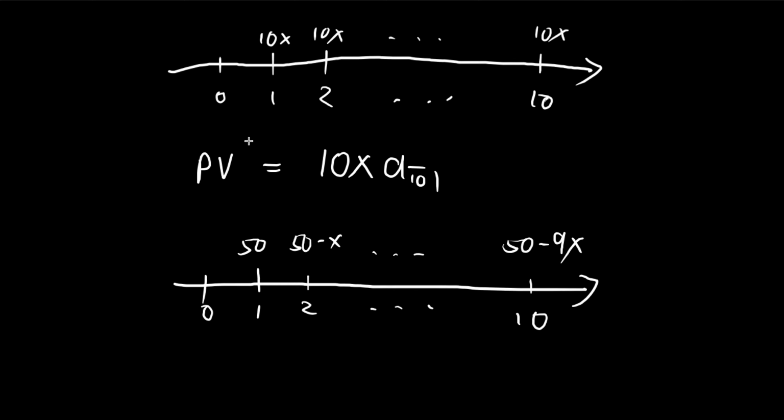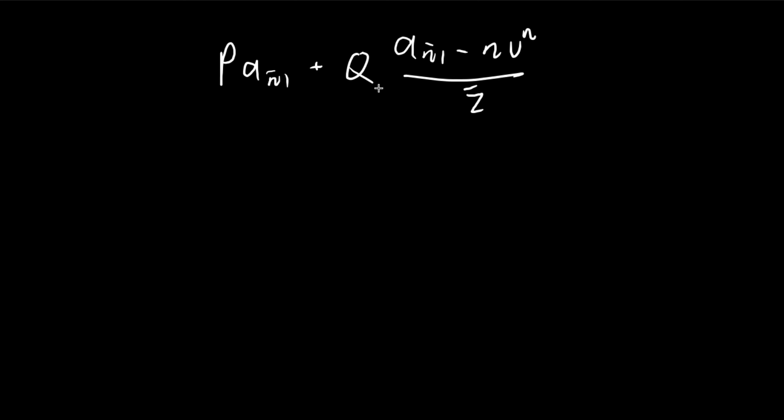So what is the present value of what Caesar is receiving? This is essentially a chance for you to apply this formula. This is the increasing annuity formula, the general formula. P is the first payment, Q is the subsequent change to each payment. In our case, P is going to be 50, and for N it's going to be 10.